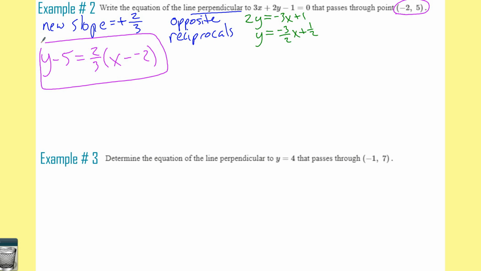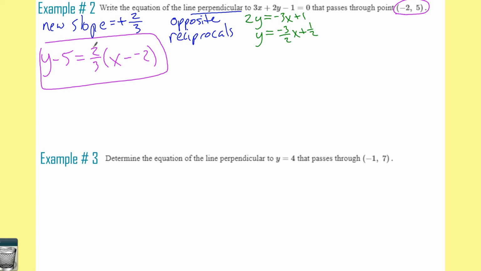I will, of course, be very specific on the test and say which format, but if it just asks you to write an equation, any equation will do: point slope, slope-intercept, or standard. I'm sorry, general form, what is it? Gradient intercept, and point gradient. It just sounds weird.